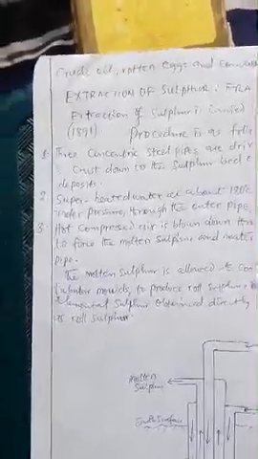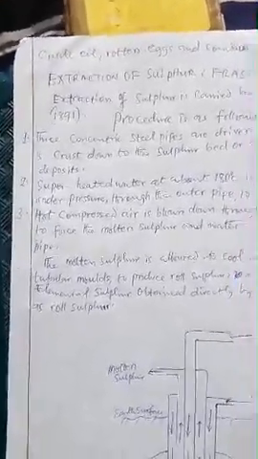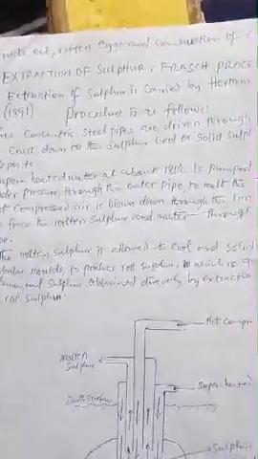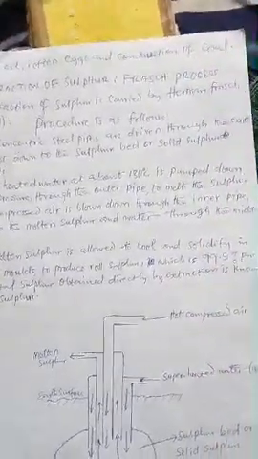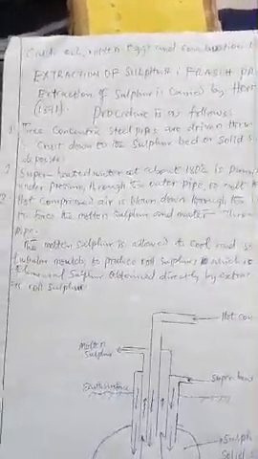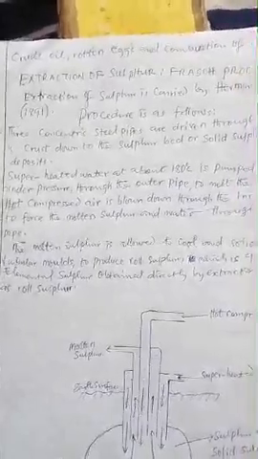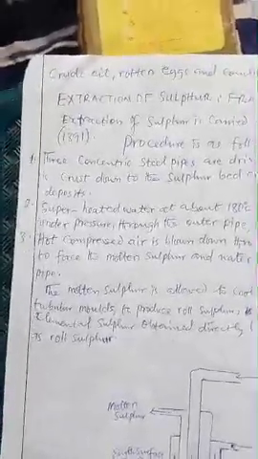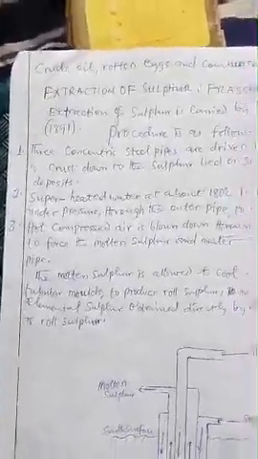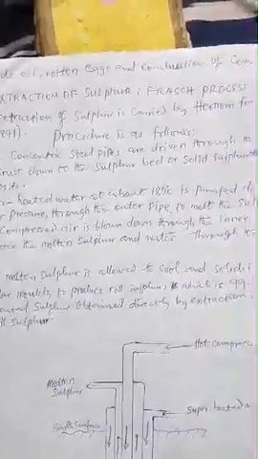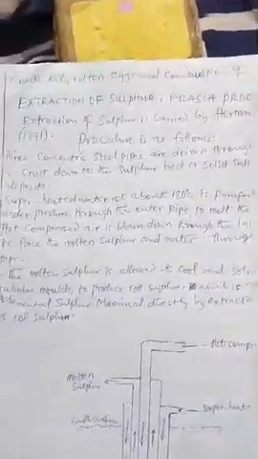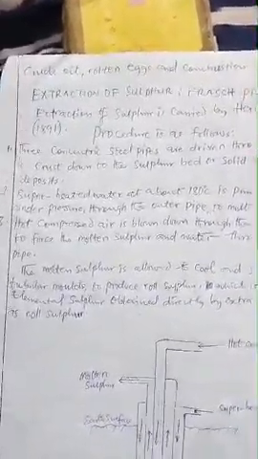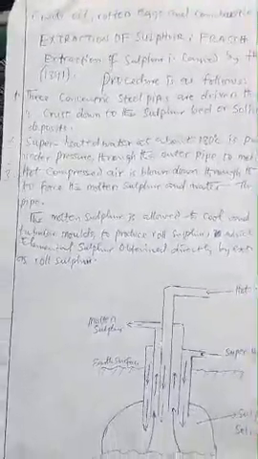Number 2, superheated water at about 180 degrees Celsius is pumped down under pressure through the outer pipe to melt the sulfur. Then third, hot compressed air is blown down through the inner pipe to force the molten sulfur and water through the middle pipe.